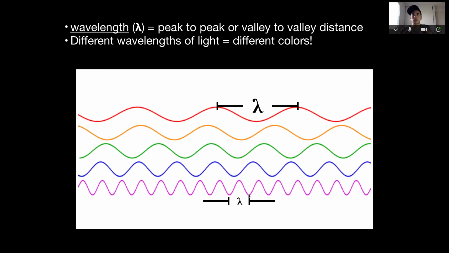When I talk about different wavelengths of light, that actually corresponds to different colors of light. So those are synonyms, essentially. Different wavelengths means just different colors of light.